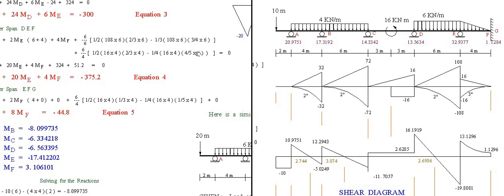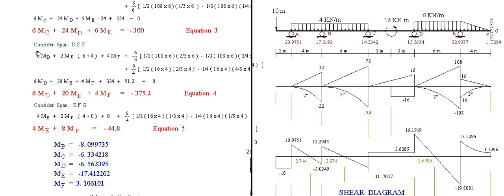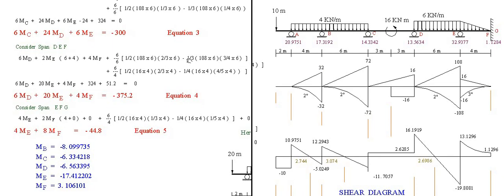Then equate that to 0. Simplifying, we have 6 MD, 10 times 2 or 20 ME, plus 4 MF. The first constant is 324, second constant is minus 51.2.